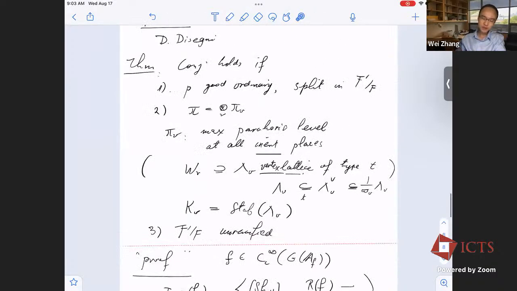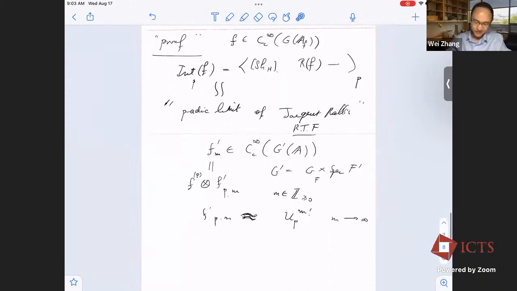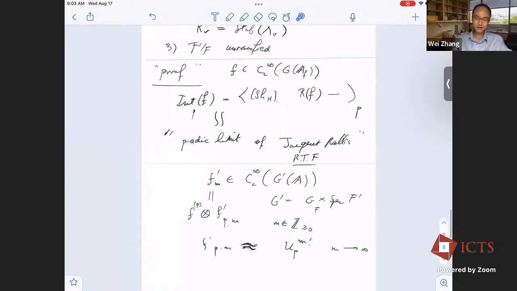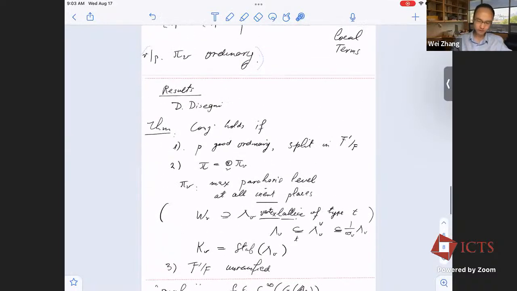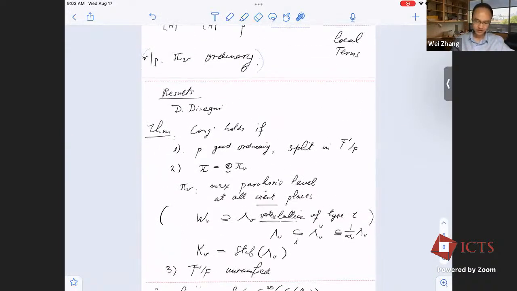So that's where the split condition appears. It's basically to eliminate the contribution from all the places above P. That's a very oversimplified sketch of the proof, but hopefully I gave you the flavor. I'm running over time already, so let me stop here.